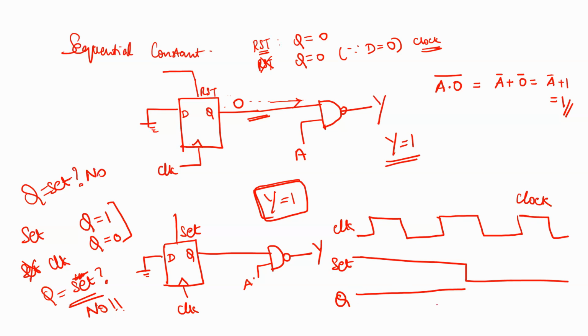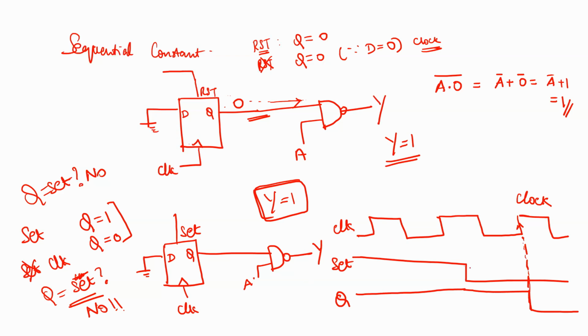Let's see why. Now I am removing set here. If Q is equal to set, Q should have followed set, right? But that's not the way it's going to be. Now when set is removed, the asynchronous input is removed, but that does not mean Q will go to 0. It is going to wait for the next clock edge to follow D. So in this next clock edge, Q will go 0.